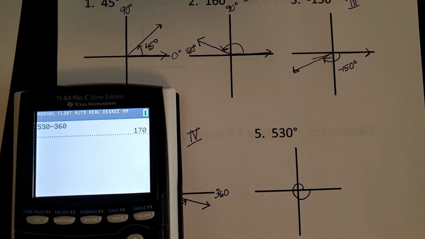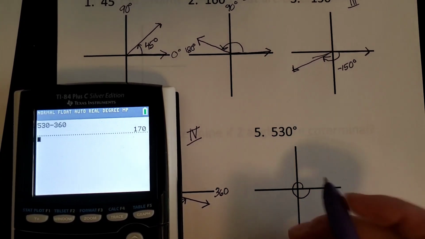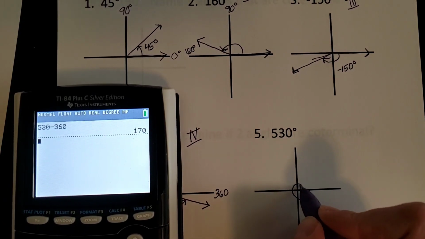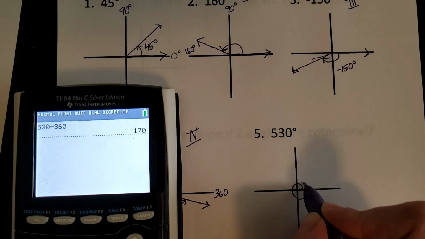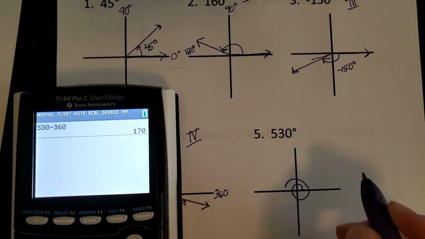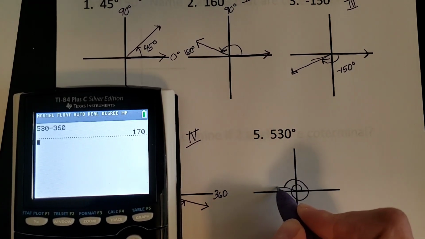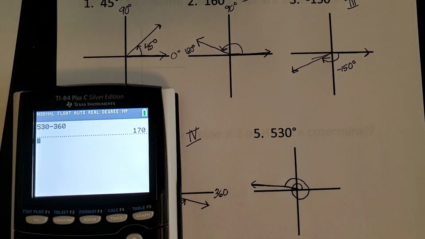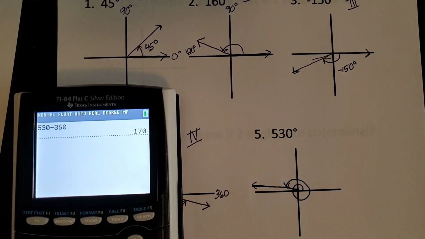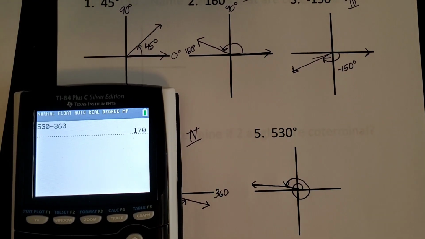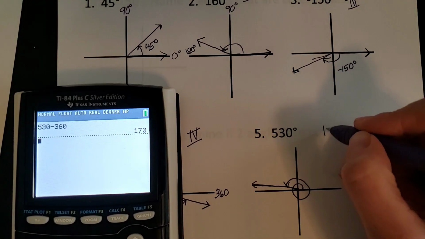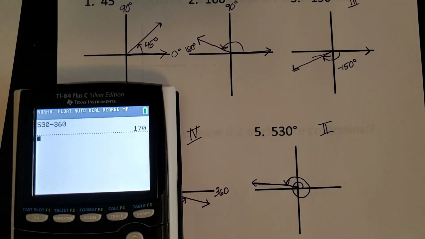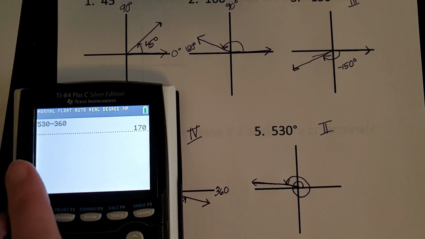I will subtract those. It's 170 degrees more. So I'm going to have to go around 360 plus another 170, and I'll be ending, like, that's not very straight, but you know what I mean, ending right there with about 10 degrees left. So this one also ends in quadrant 2.